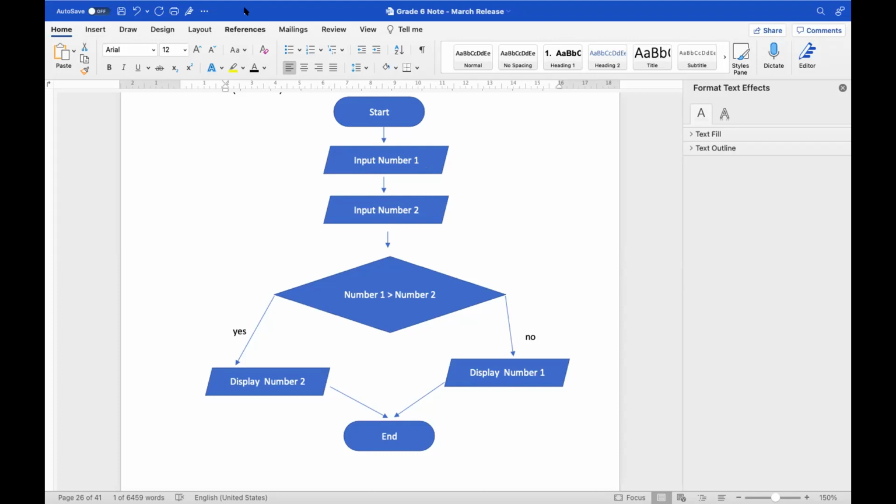Read it carefully and tell me the output of this flow chart. I'll give you time to write down, don't worry. Tell me the output first.